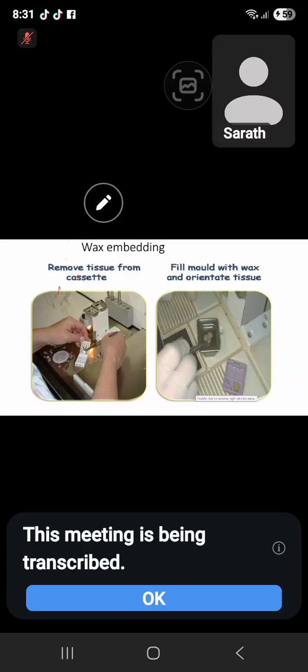After that, take the tissue and place it at the bottom. See, all the things should be added into the mold. After that, using the cassette, you can cover it. And the whole thing should be kept on the cold plate. The cold plate. Right.